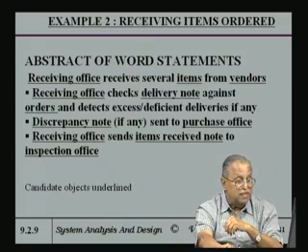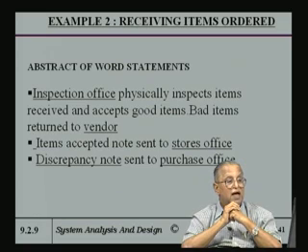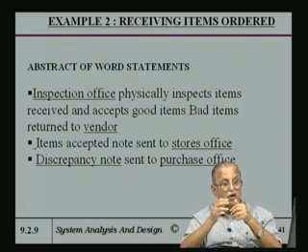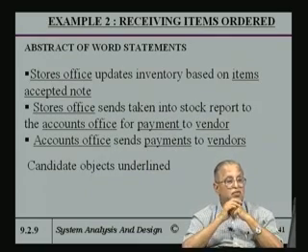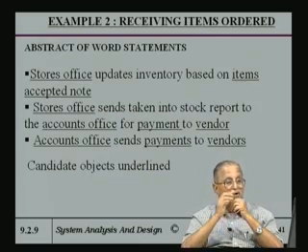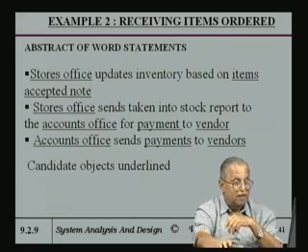These are potential objects. Again inspection office, items, vendor, items accepted, items again, and stores office, discrepancy note, and purchase office. Again stores office, items accepted note, accounts office, payment, and vendor come up again.